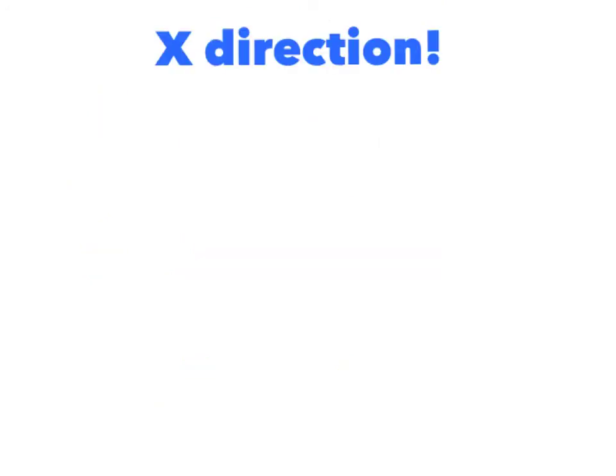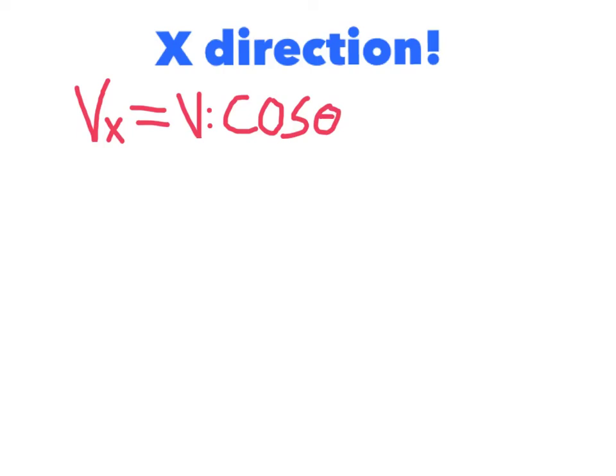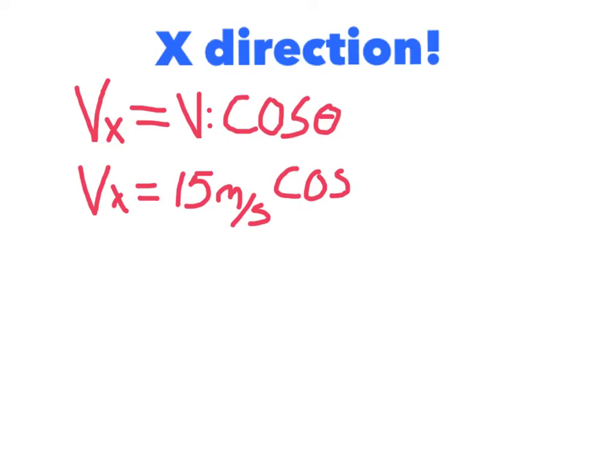Alright, we're almost there. So now we have to look in the x direction, and the velocity in the x direction is equal to the initial velocity times the cosine of the angle. So Vx equals 15 meters per second times the cosine of 30 degrees. So Vx equals approximately 13 meters per second.